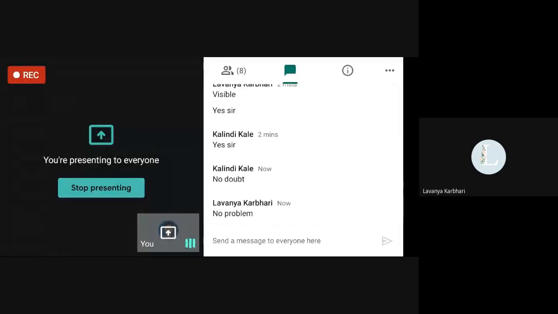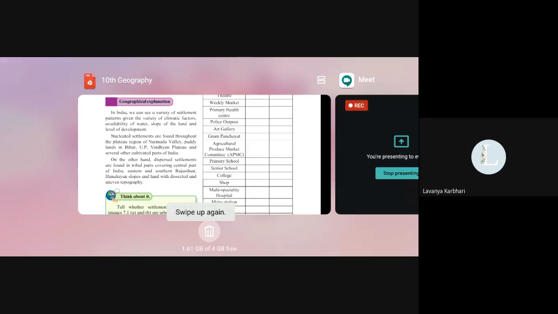Are they listening? Okay, Sitaram, Nerurkar, Avanya, Kalindi, Mahendra. Okay, all right.